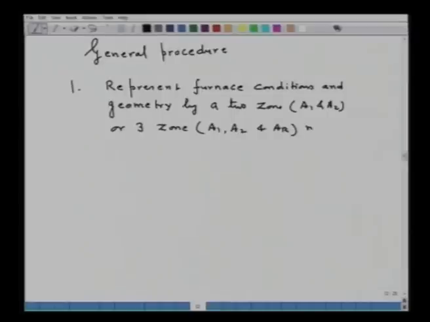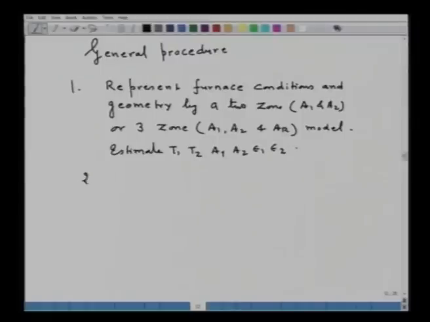Two-zone or three-zone model, and we estimate T1, T2, A1, A2, epsilon 1 and epsilon 2.